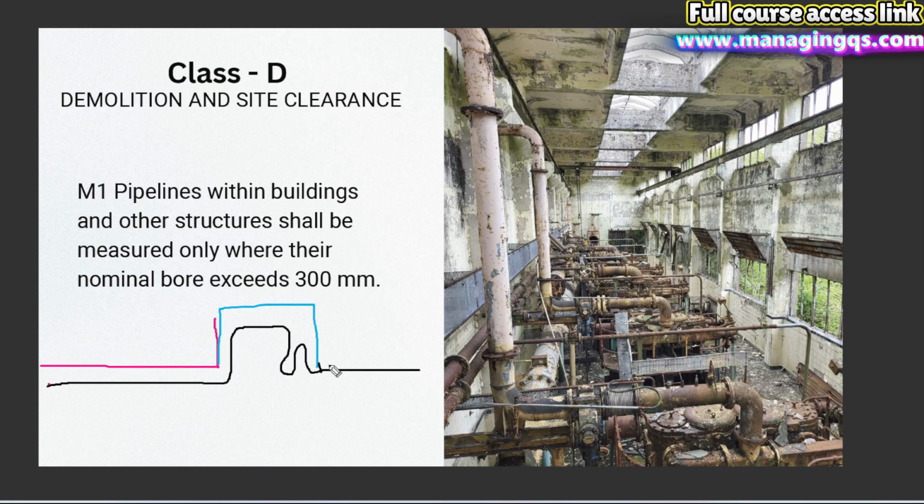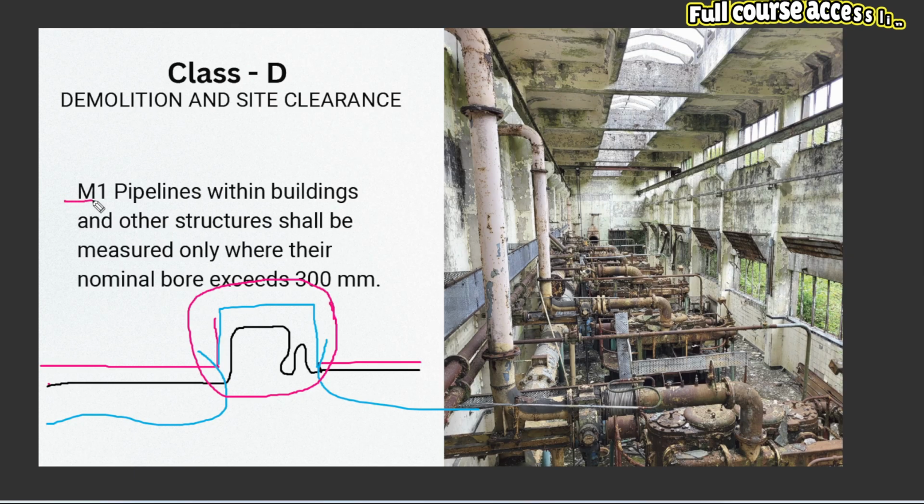The red color is our natural ground level. So there are two concepts. The first is the pipeline within the ground, and the second is the portion within the building. So there are two measurement rules.